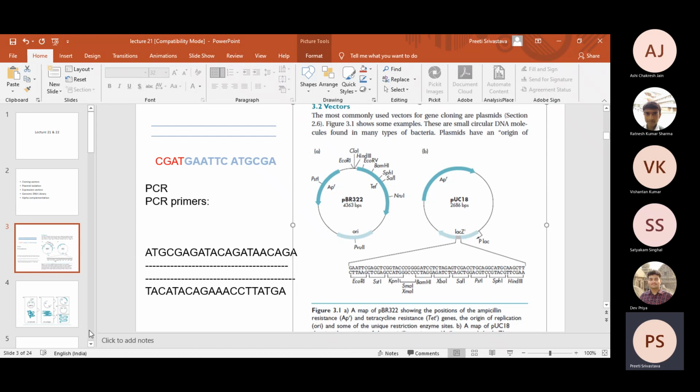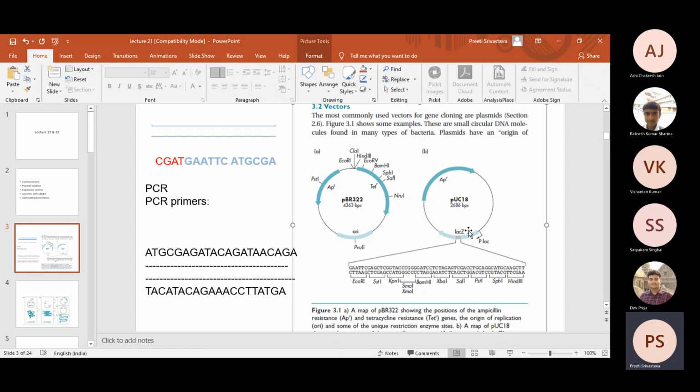But many a times you can have a situation where you have a plasmid, for example, in case of pBR322, or you imagine a vector where you have just one antibiotic cassette, only ampicillin, so you cannot use any restriction site which is cutting the ampicillin resistance gene cassette, right?